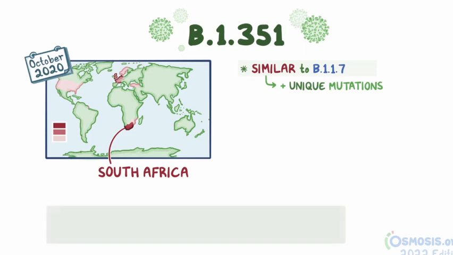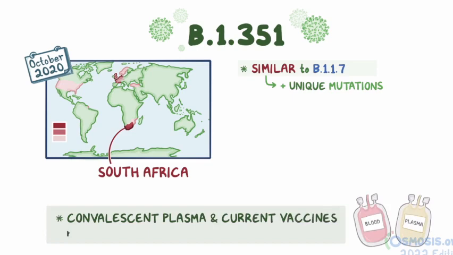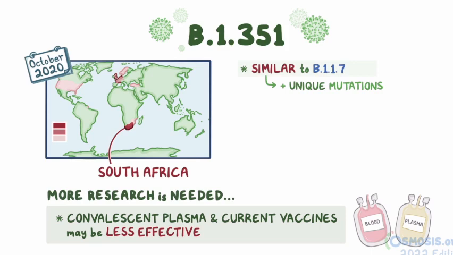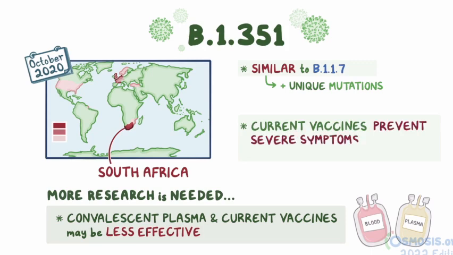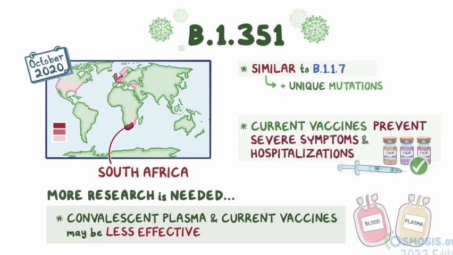Some early research suggests convalescent plasma and the current COVID-19 vaccines may be less effective against this strain. However, just like the vaccine studies with the B.1.1.7 strain, these are preliminary studies, and more research is needed to confirm these concerns. That said, the current COVID-19 vaccines still show prevention of severe COVID-19 symptoms and hospitalizations.